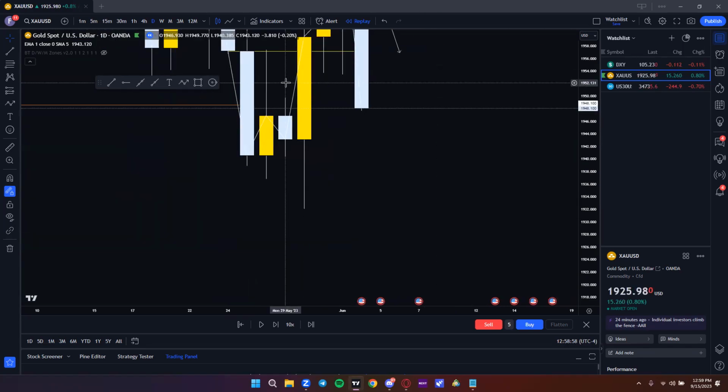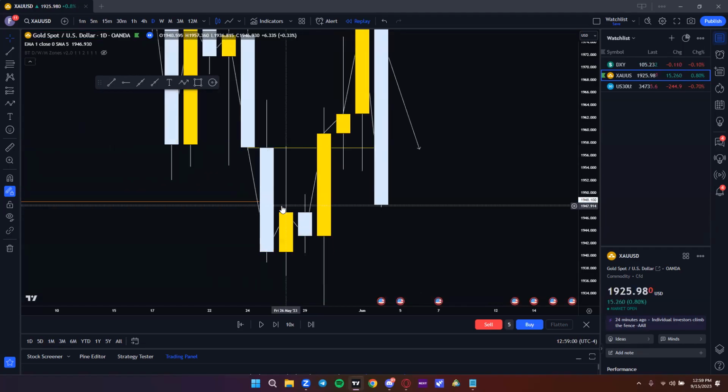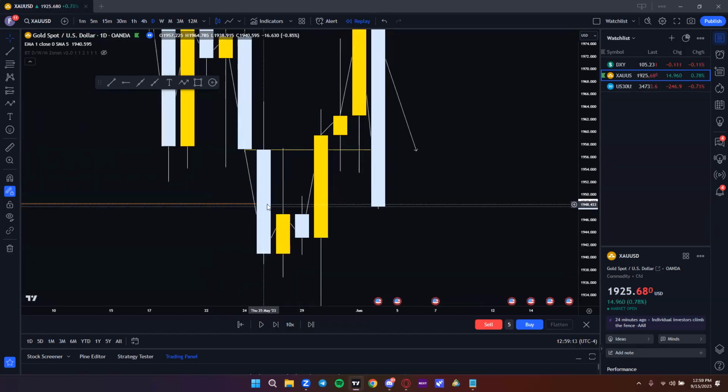So this was Thursday breakout, Friday closed: open, low, high, closed below our weekly level. I'm expecting price to go up. So Monday didn't really do anything. We look at Monday.